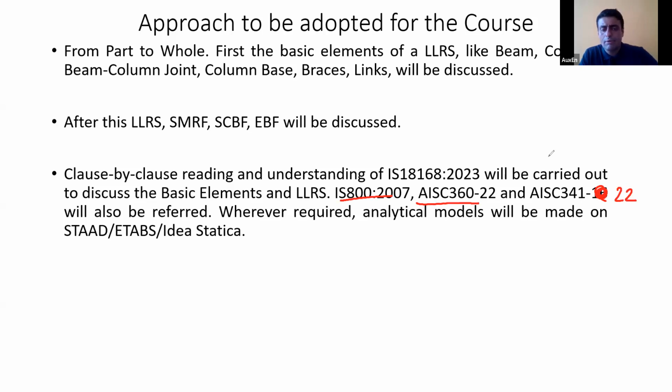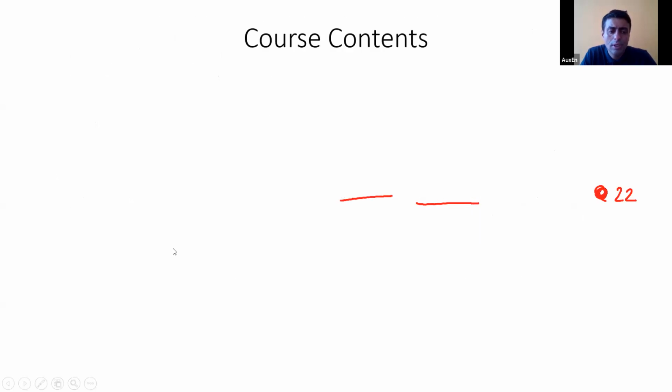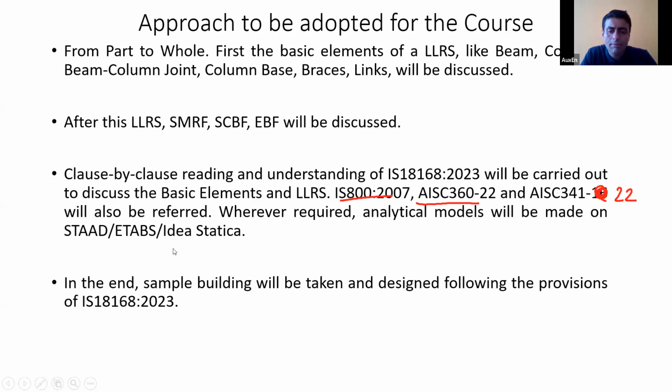And wherever required, we will take up analytical models, small models in this software to understand the ERDD principles in a better way. This is the approach that we are going to follow in this course. And then we will also take up a sample building in the end, which will be designed as per the principles of 18168.